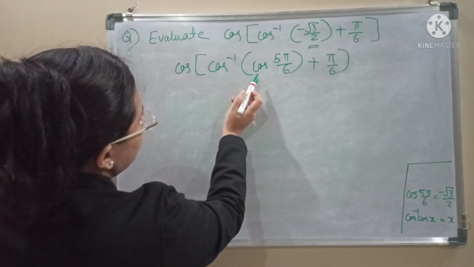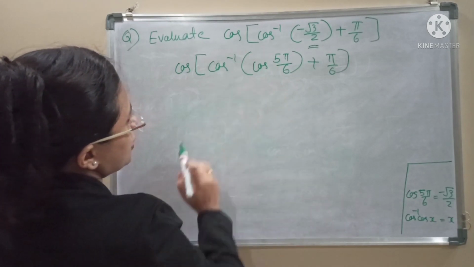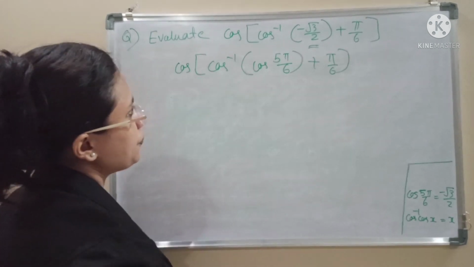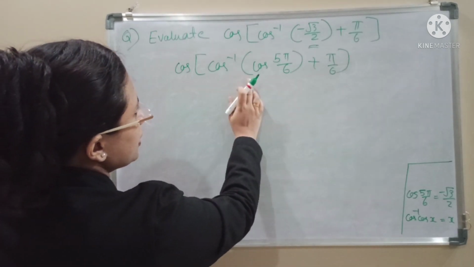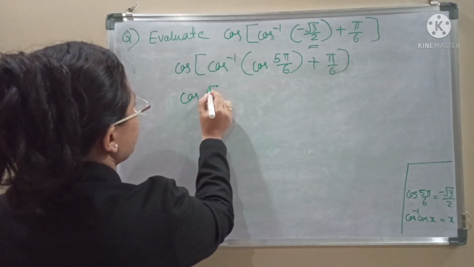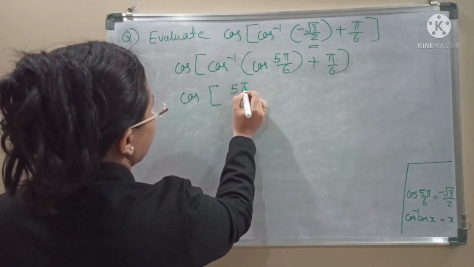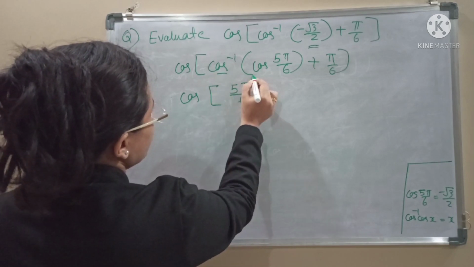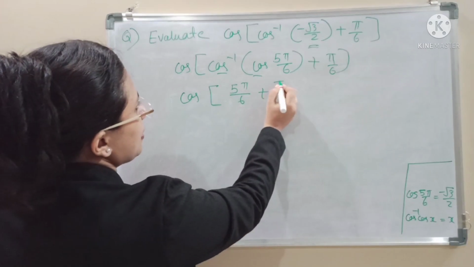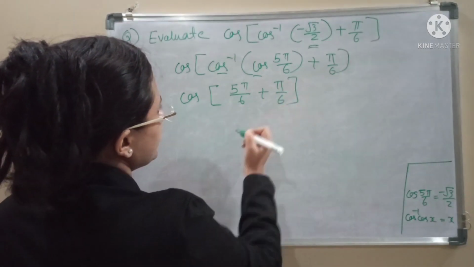So cos inverse of cos 5 pi by 6 will be what? Cos inverse of cos x is x. So it will be 5 pi by 6, because this will get cancelled. We will get x only, plus pi by 6, right?